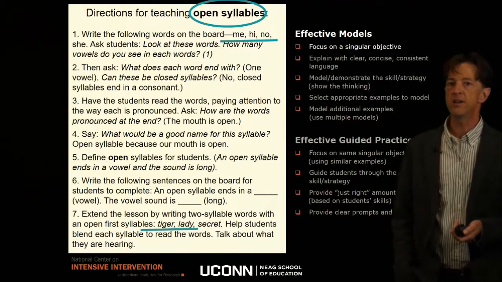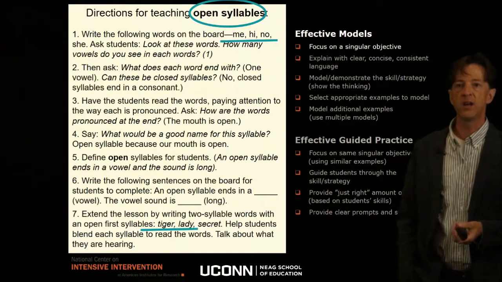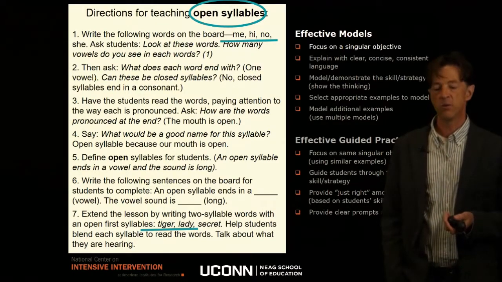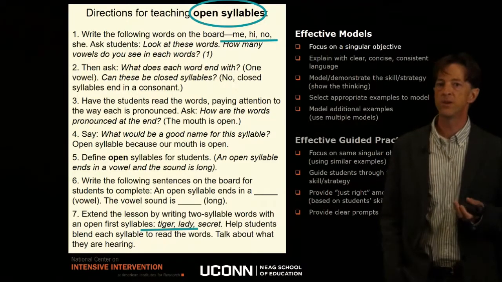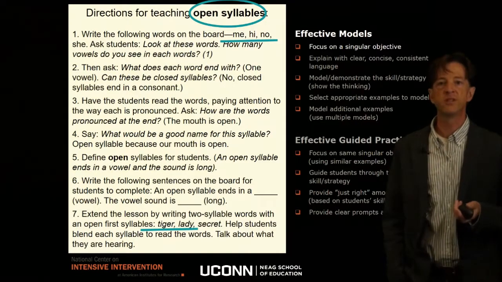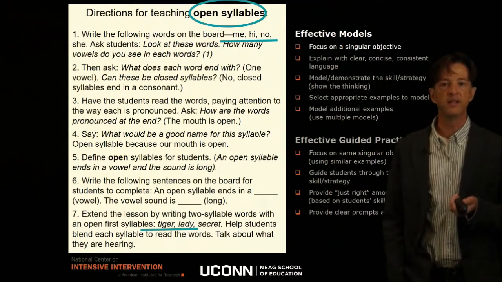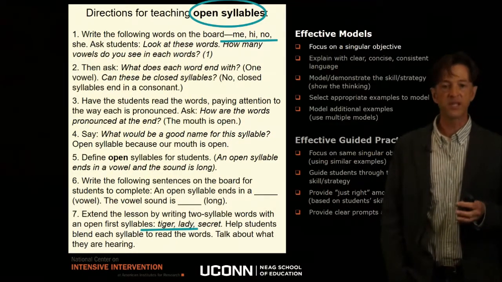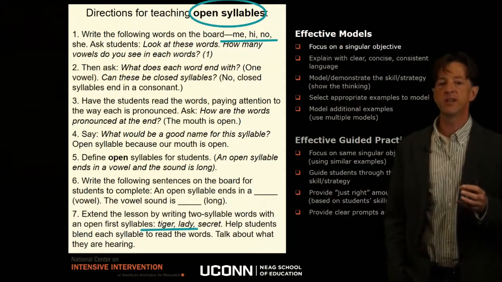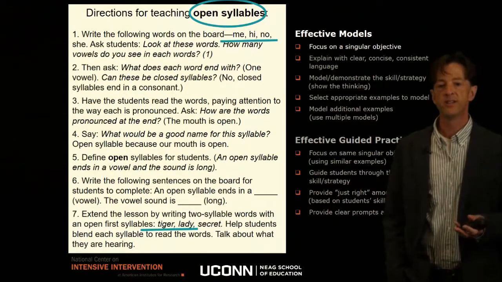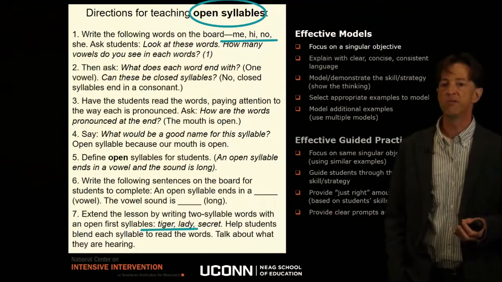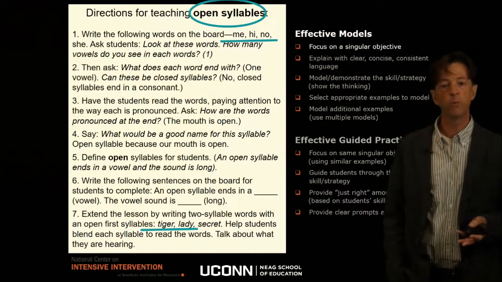And then we look down here and we see that there are some other words involved in this lesson too. Tiger, lady, secret. These are two-syllable words, and the open syllables in each of these words, tie, lay, and see, aren't words by themselves. So it's a little unclear exactly what the objective is. Is it to be able to identify real words that are also open syllables?